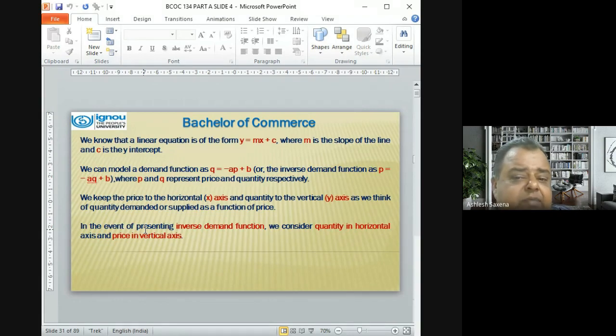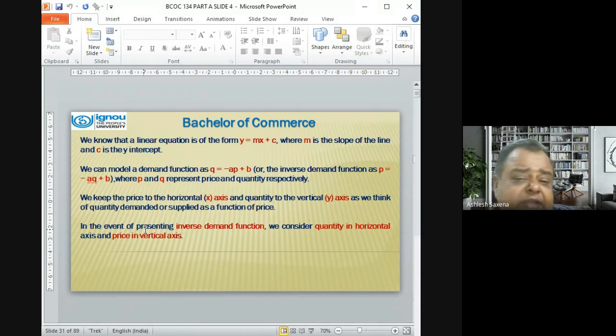Now we have a model, a demand function as q is equal to minus ap plus b. Straight away you can see that it has a minus sign with a. That means it has an inverse relationship. Or we can say that the inverse demand function is P is equal to minus AQ plus B, where P and Q represent price and quantity respectively.